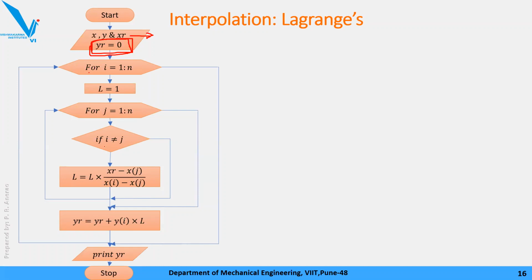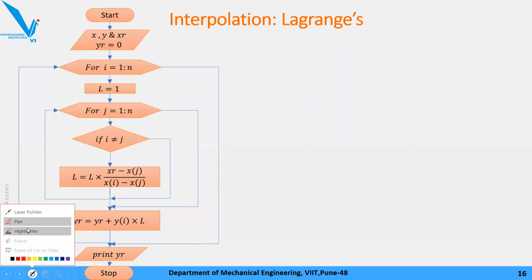If i is not equal to j, then and then it will calculate Lagrange's L, otherwise it will skip, and it will run up to nth term. After that, print the value of YR. That's it. So this is your program or algorithm for new Lagrange's interpolation.